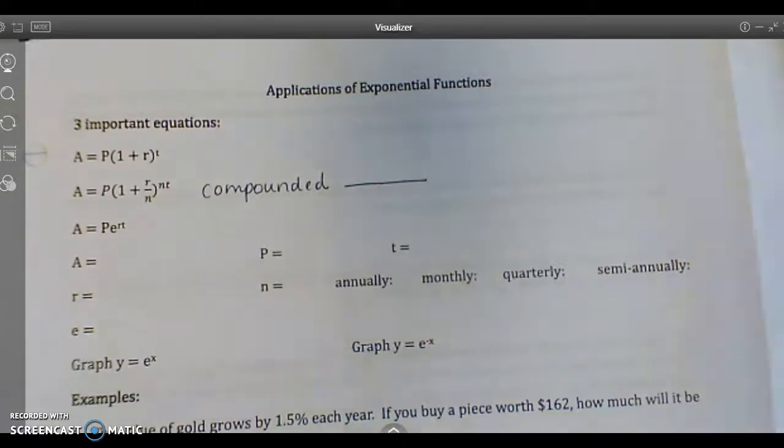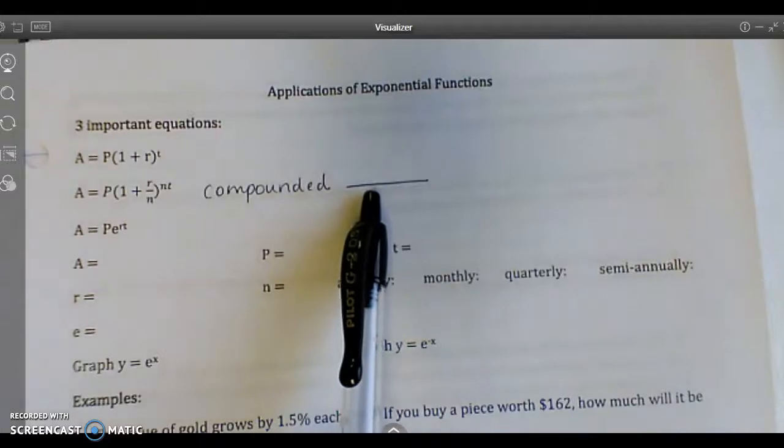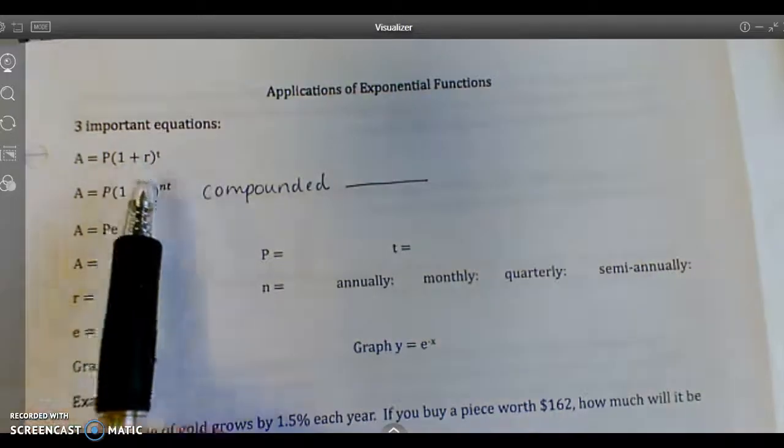What that means is that when you put money in a bank, if your money is compounded, let's say monthly, at the end of each month, you're going to get a percentage of the amount of money that's in the bank. And it's a little bit better than just compounding one time a year. Okay? If it just says yearly, you can use that first equation.